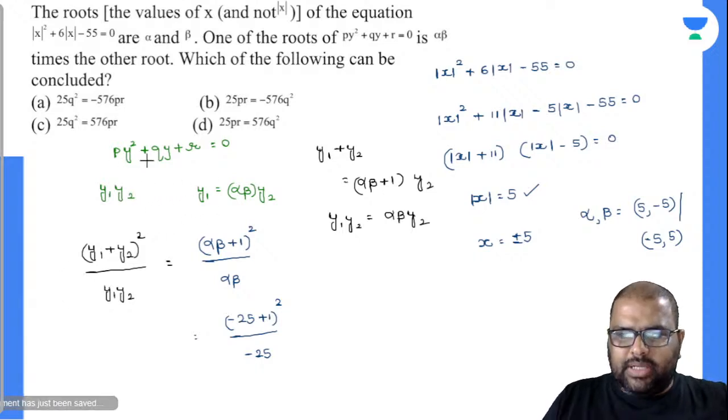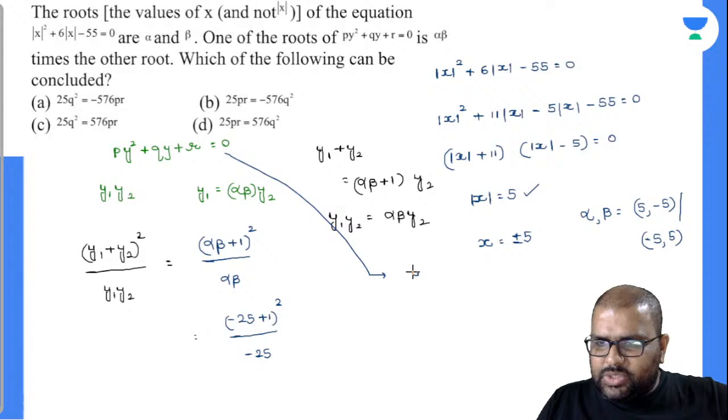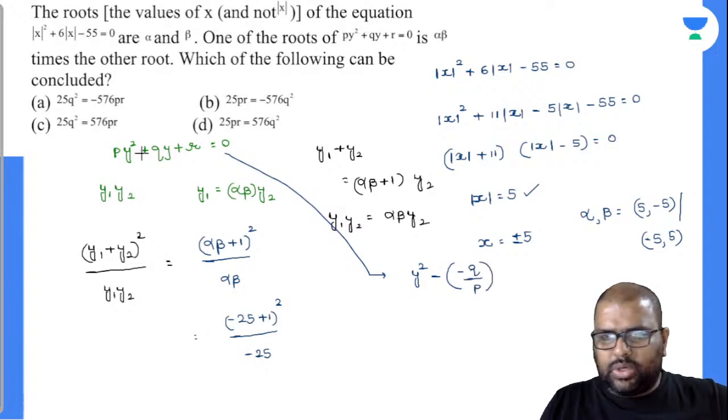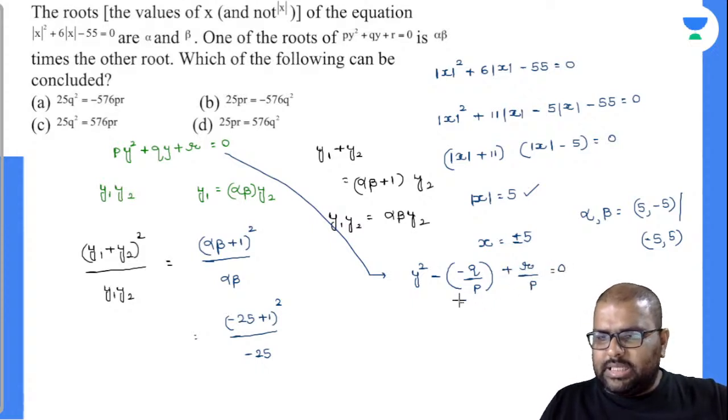I'll write this equation here: y square minus, then only it will become plus, minus q by p, plus r by p is equal to 0. This is called the sum of roots, this is called the product of roots.